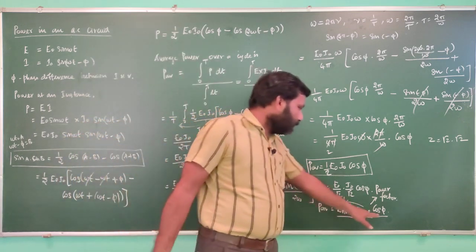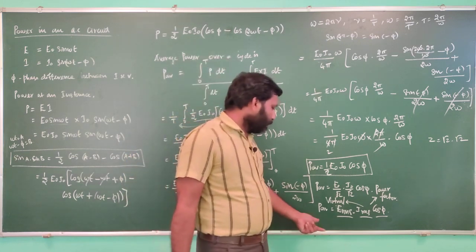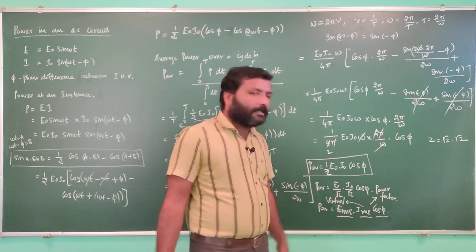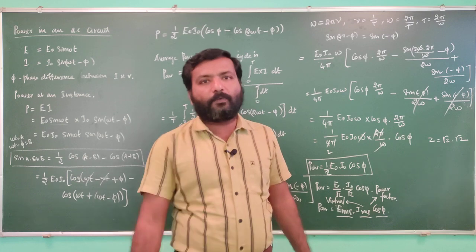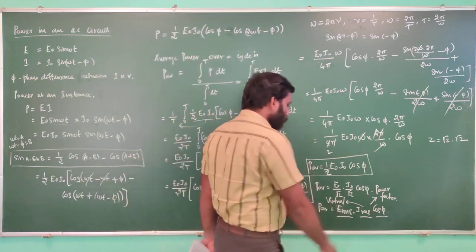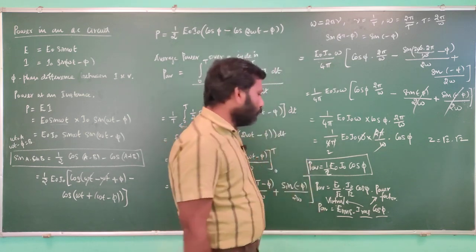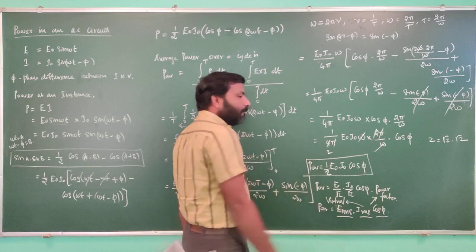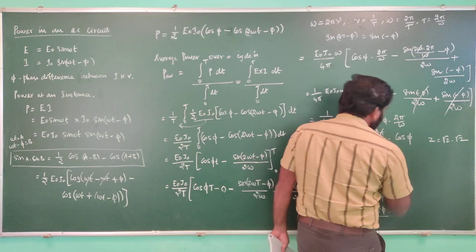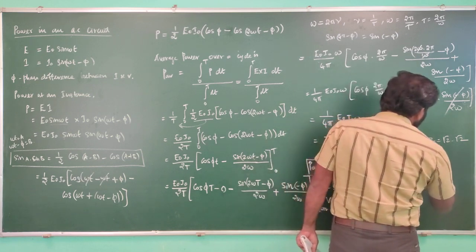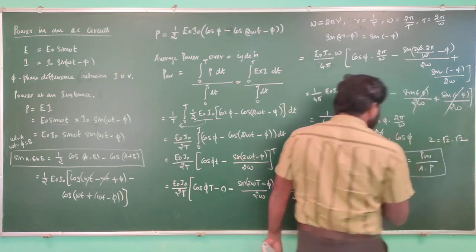Or in other words, the power factor of a circuit is nothing but the average power divided by the virtual current and virtual voltage. The product of virtual current and virtual voltage is said to be apparent power. So power factor is average power divided by apparent power, cos pi.